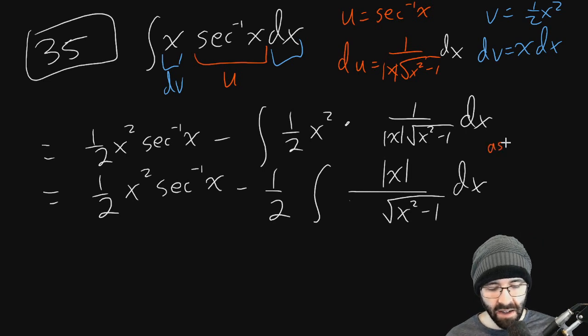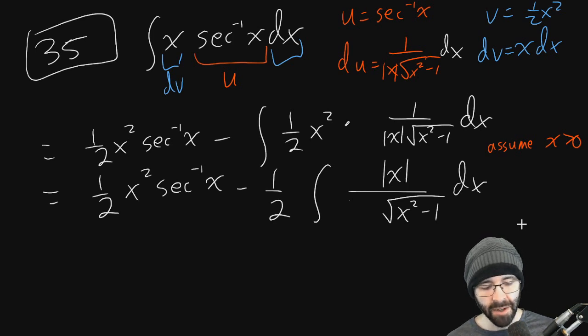Let's say that this is an antiderivative for positive x. Maybe it doesn't matter. Maybe that's why. I feel like it should matter. But maybe it doesn't. Let's assume x is positive and see where we go from there.